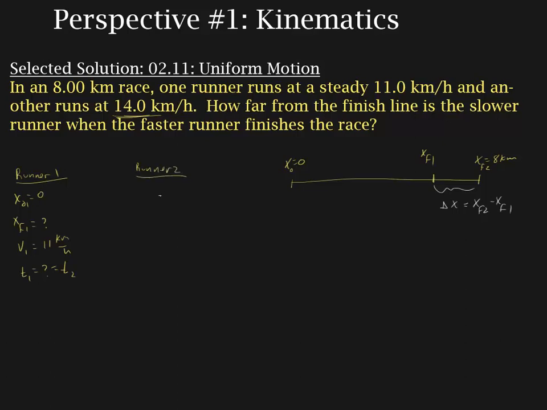Runner 2, the initial position is 0. The final position is at 8 kilometers. The velocity of runner 2 is equal to 14 kilometers per hour, and the time it takes is unknown.